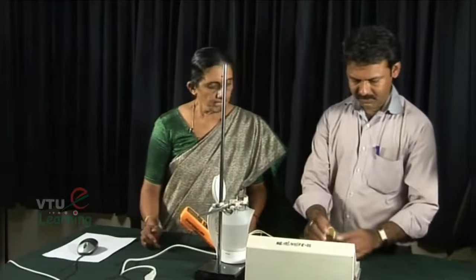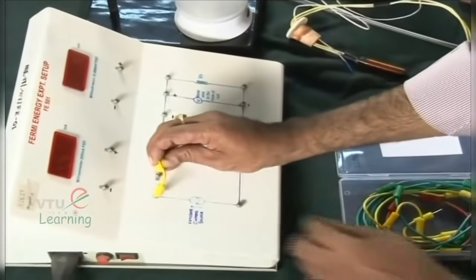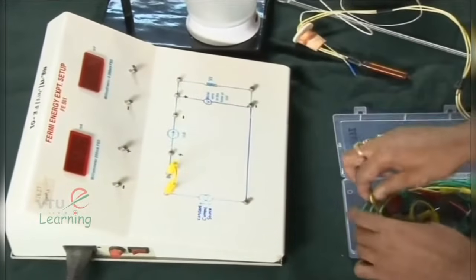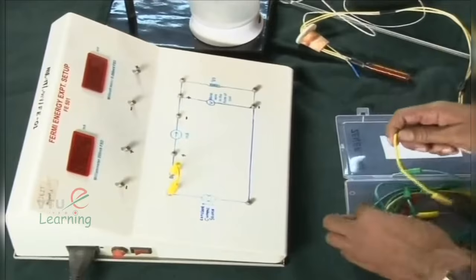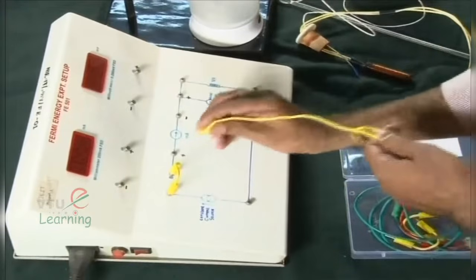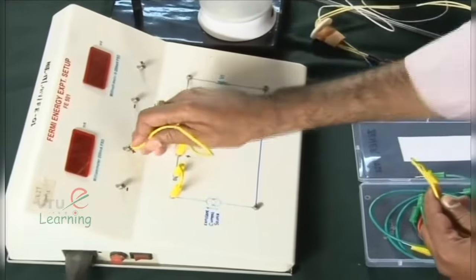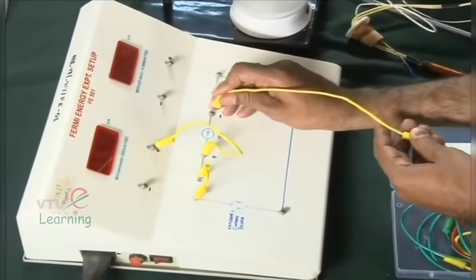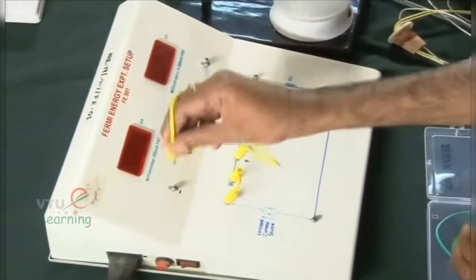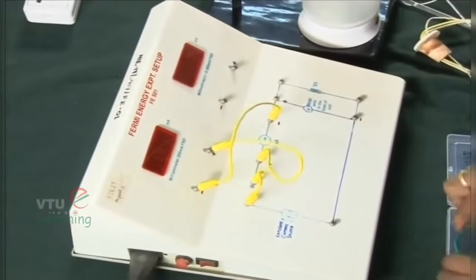So, we now rig up the circuit in the following way. We close first of all the gap and connect the constant current source. We connect the milliammeter such that the positive is connected to positive and negative is connected to the negative.